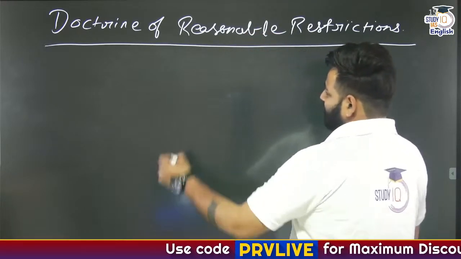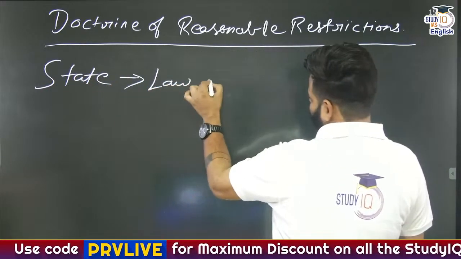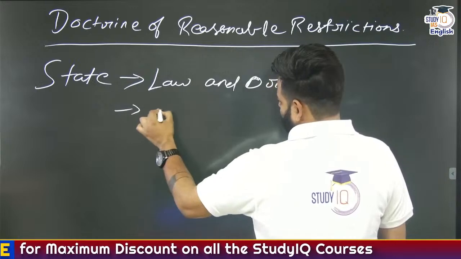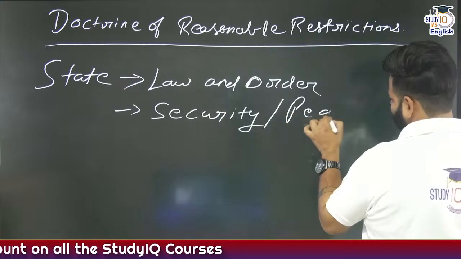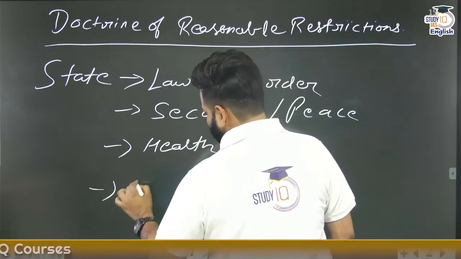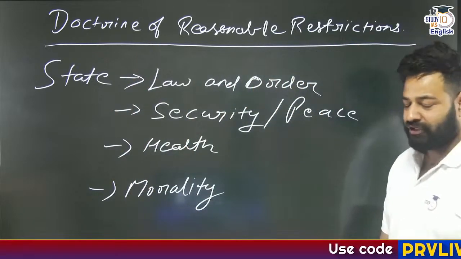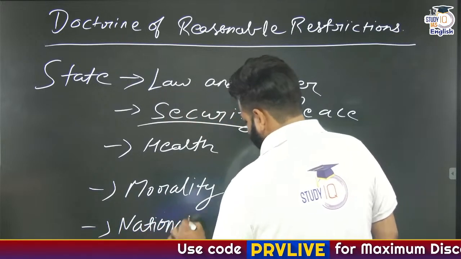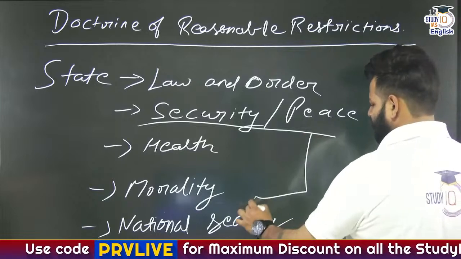It says that the state, in order to maintain law and order, or could be security of the nation, simply speaking, the peace, the health, or the morality of the society, okay, just in order to preserve these things. It could be security and peace, it could be also national security, internal security or the national security or anything, okay, interrelated concepts, okay.